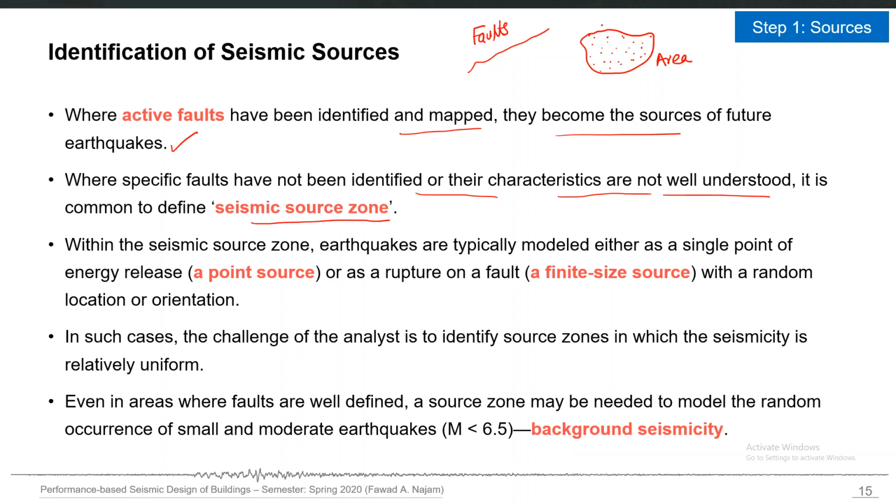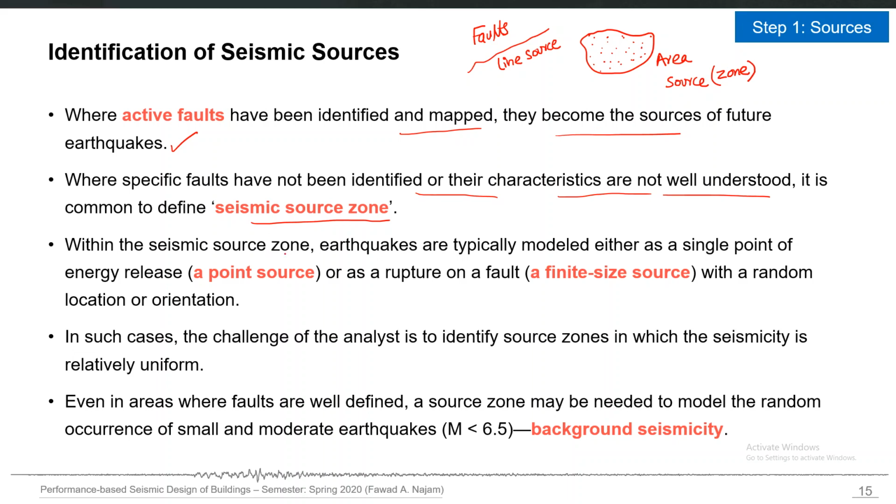So then we treat the whole area as an area source. The faults can be called line sources, and the area sources can be called area sources, or also the seismic source zone. So it can be a source zone also.